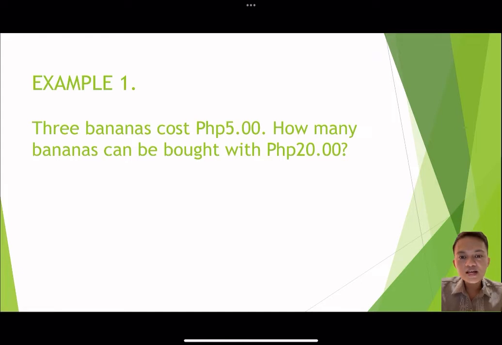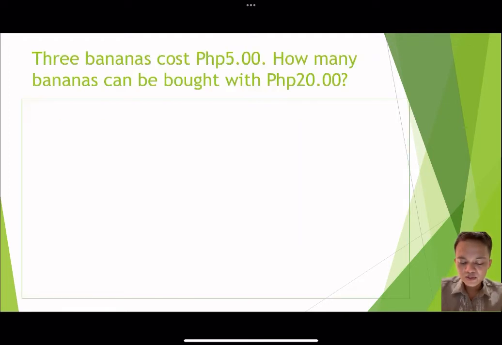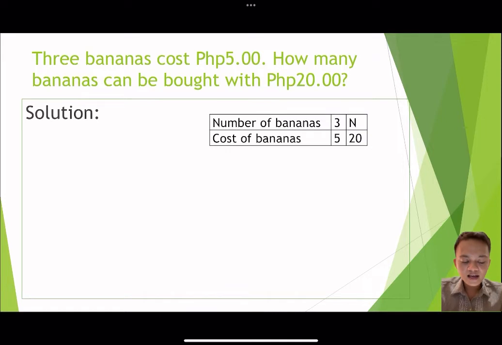So, by using our step-by-step ways of finding the answer in a problem, solution, ang given natin ay meron tayong tatlong number of bananas at nagkakahalaga ito ng 5 piso. Ilan daw yung mabibili natin banana kapag meron tayong 20 pesos?